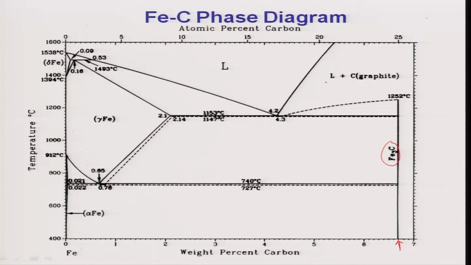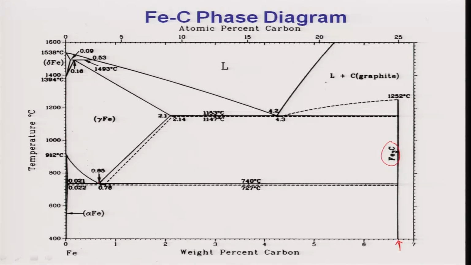First of all, if you have carbon or graphite as the second component, then the eutectoid transformation temperature and composition will change. Normally the eutectoid transformation temperature is 723 degrees Celsius and the composition is about 0.8% carbon, 0.78, 0.8, and if you add graphite, then the carbon composition shifts to 0.85.